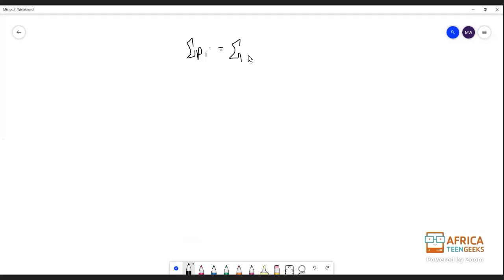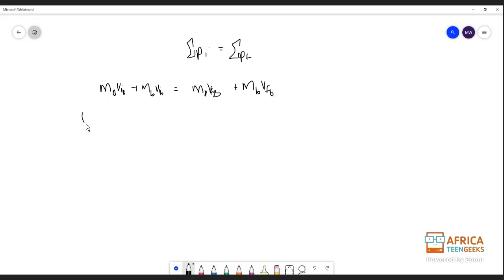So the mass of the block times its initial velocity plus the mass of the bullet times its initial velocity is equal to the mass of the block times its final velocity, plus the mass of the bullet, sorry, times its final velocity.